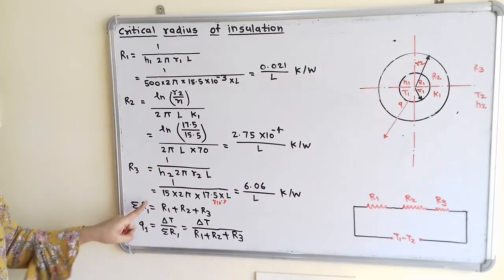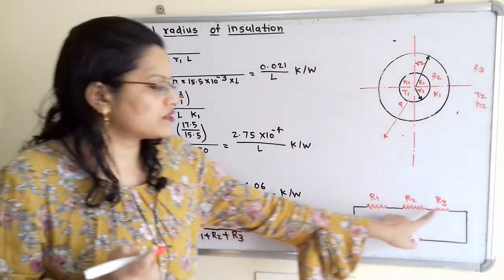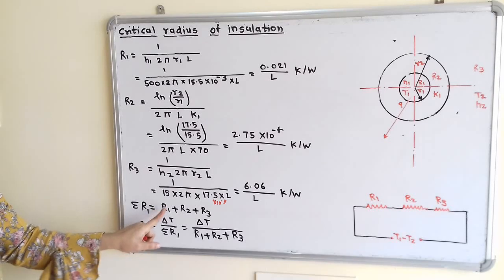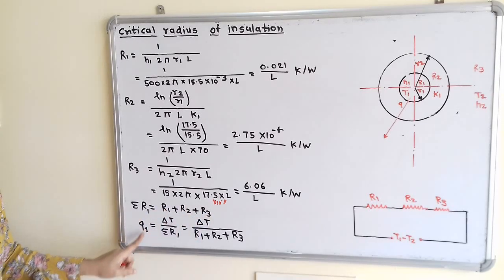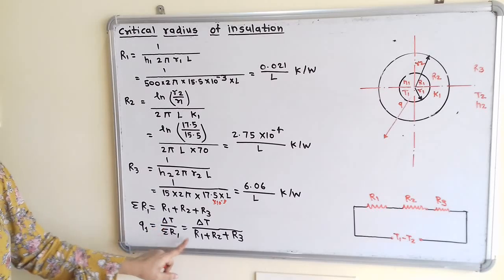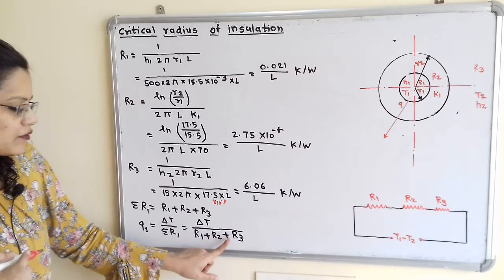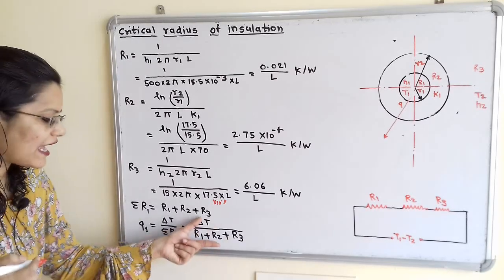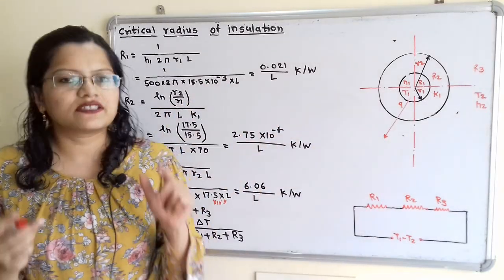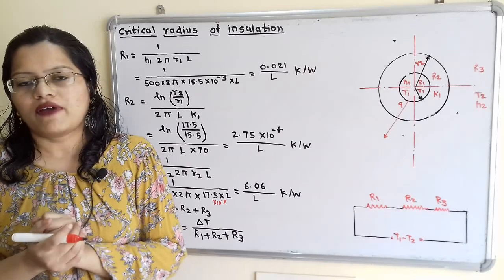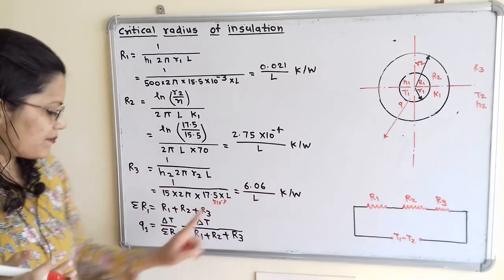In series we take the summation of resistances, that is R1 plus R2 plus R3, and therefore Q1 is equal to delta T divided by the summation of R, that is delta T divided by R1 plus R2 plus R3. Now we will not calculate this, because we will move to the second condition, where we have to find the insulation thickness for which the heat flow will be the same as Q1.